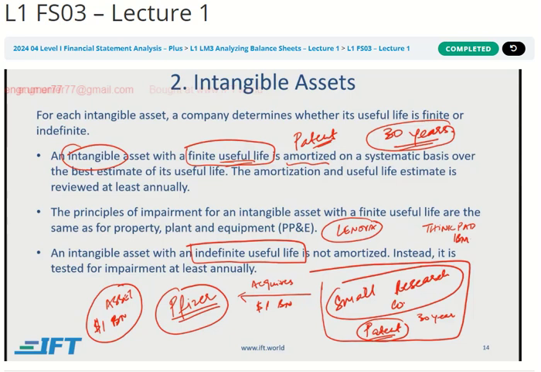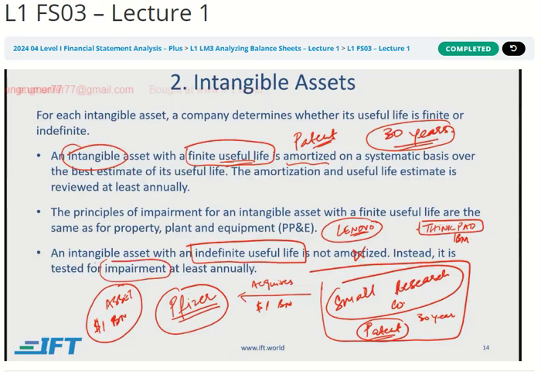It is something that can be indefinitely used by Lenovo to sell its laptops to a certain target market that likes ThinkPads. Now, here we're not going to amortize this because the useful life is not finite, so we don't have a basis for amortization, but we do check it for impairment.